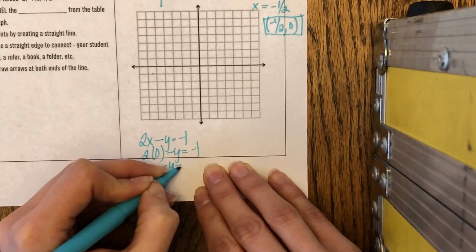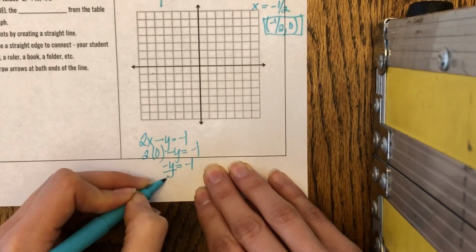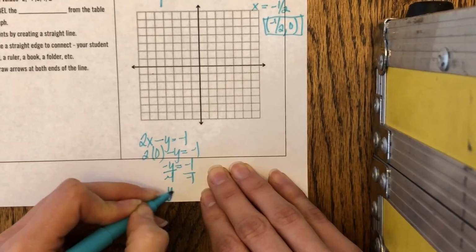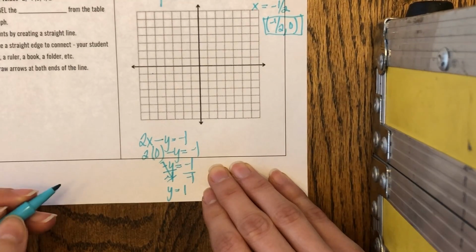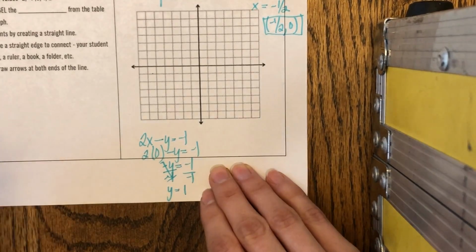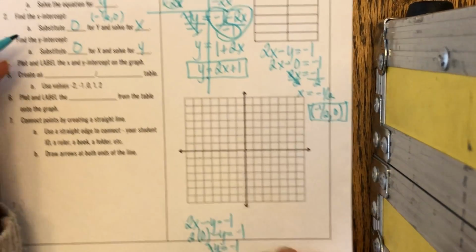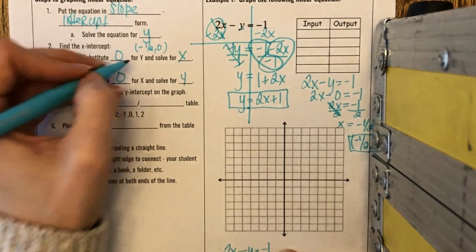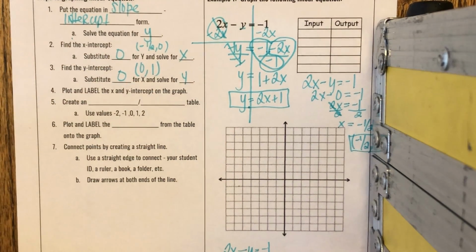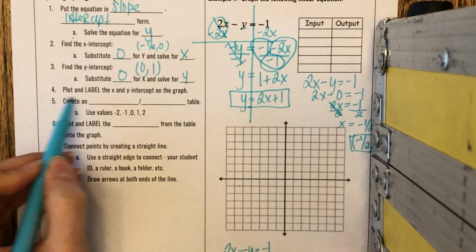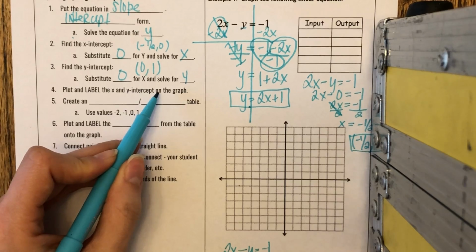So now I have -y equals -1. I need to divide by -1 on both sides. I'm left with y equals +1. So then I know my y-intercept. So I'm going to go back to my steps up here and label up here. I've got 0, 1. Now step 4 says to plot and label the x and y intercept on the graph.